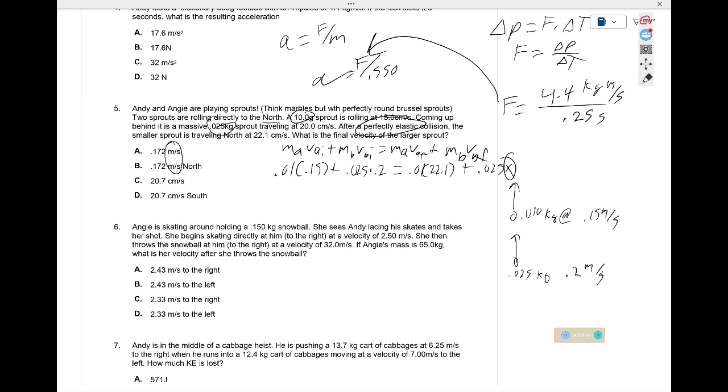And this is what we're looking for, that final velocity. 0.01 times 0.15 is 0.0015, plus 0.025 times 0.2, which is 0.005, equals 0.221.